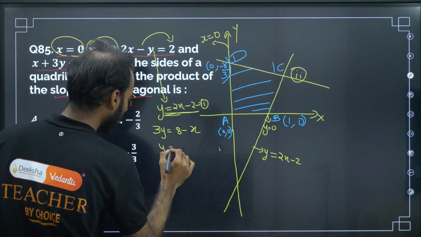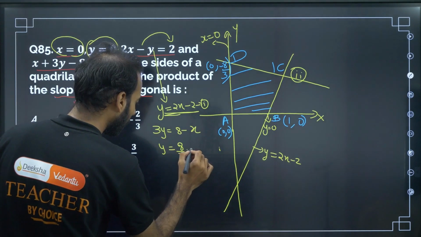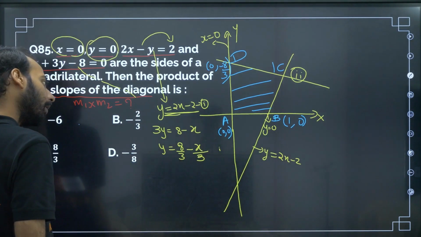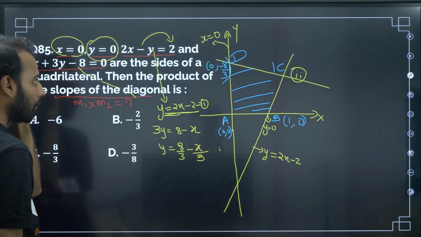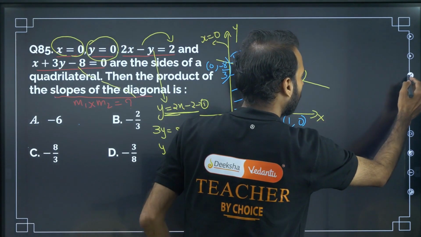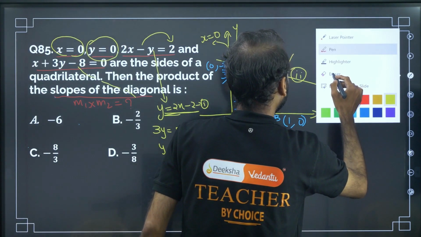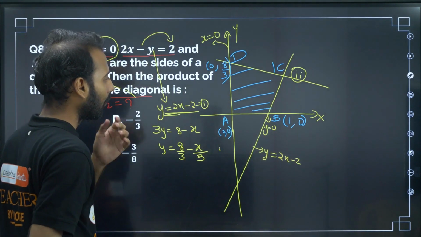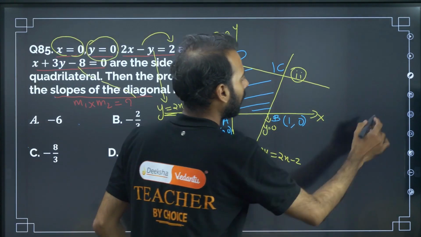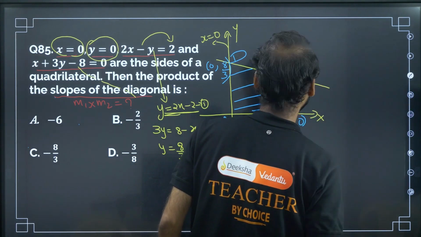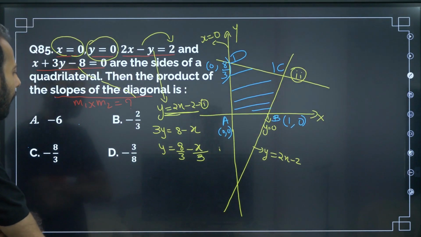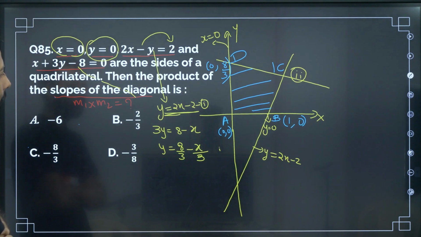So y is equal to 8 by 3 minus x by 3. Checking the points: B is 1, 0, and D is 0, 8 by 3. That is fine.